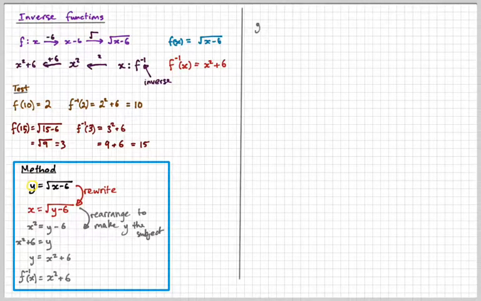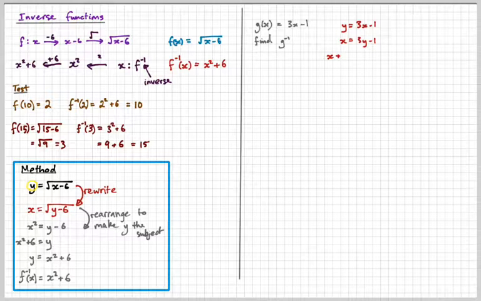We're going to look at an example of how this method works in practice with a different function. Now this function we might label as g, it just has a different name. So g of x might be 3x minus 1. Now the question is to find the inverse function, g inverse. So we write y is equal to 3x minus 1, we swap the x's and the y's, and then we rearrange to make y the subject.